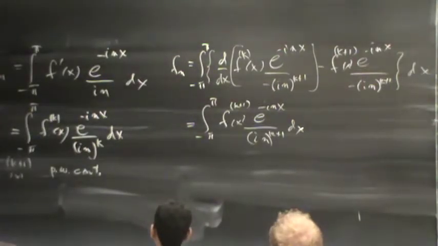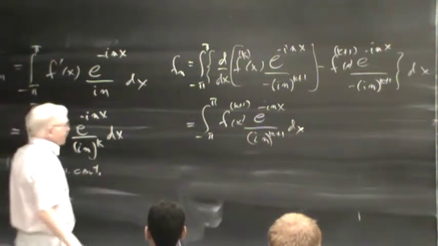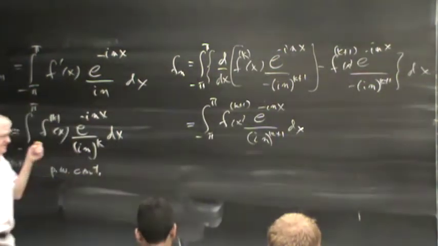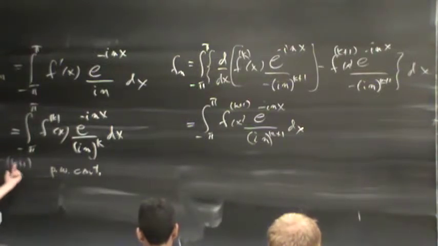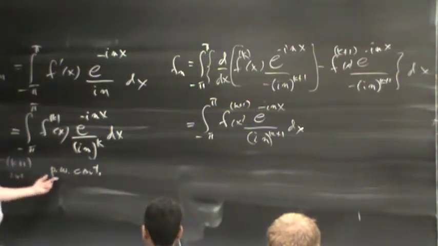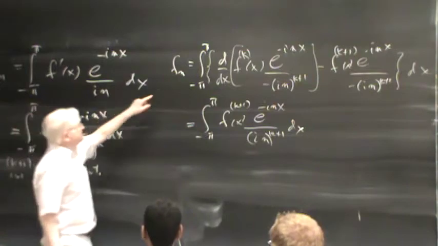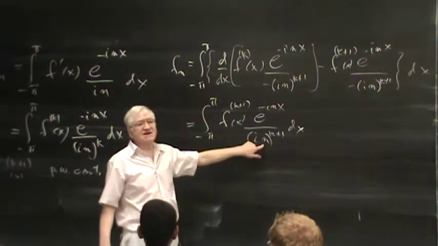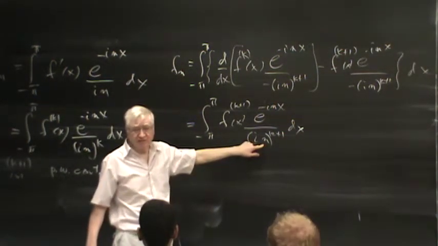And so that exists. What we get then is that if f is in C^k, but its (k+1)-th derivative is piecewise continuous, then the Fourier coefficients go down as 1 over n to the k+1.